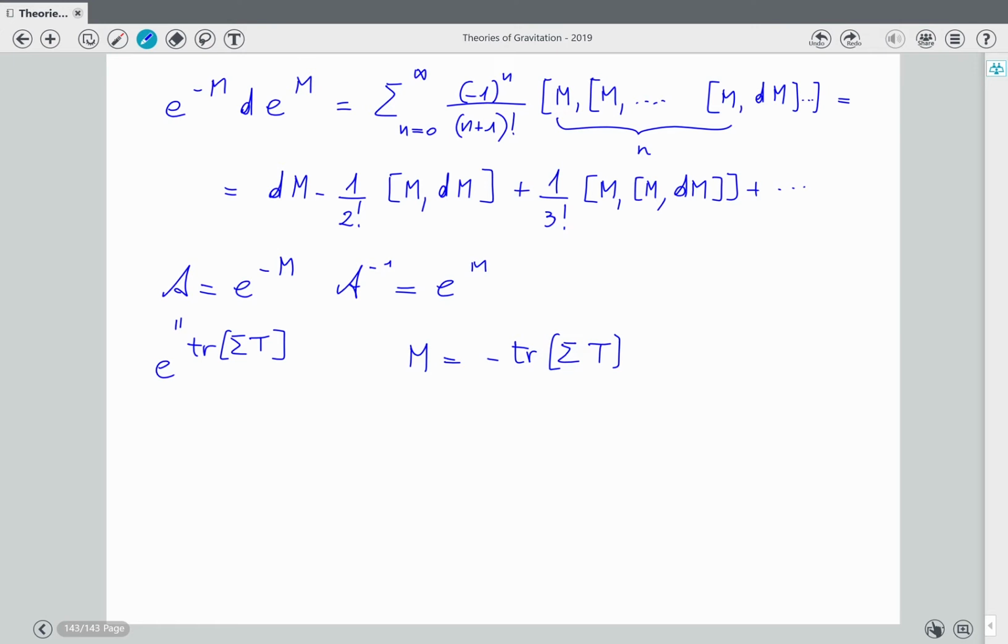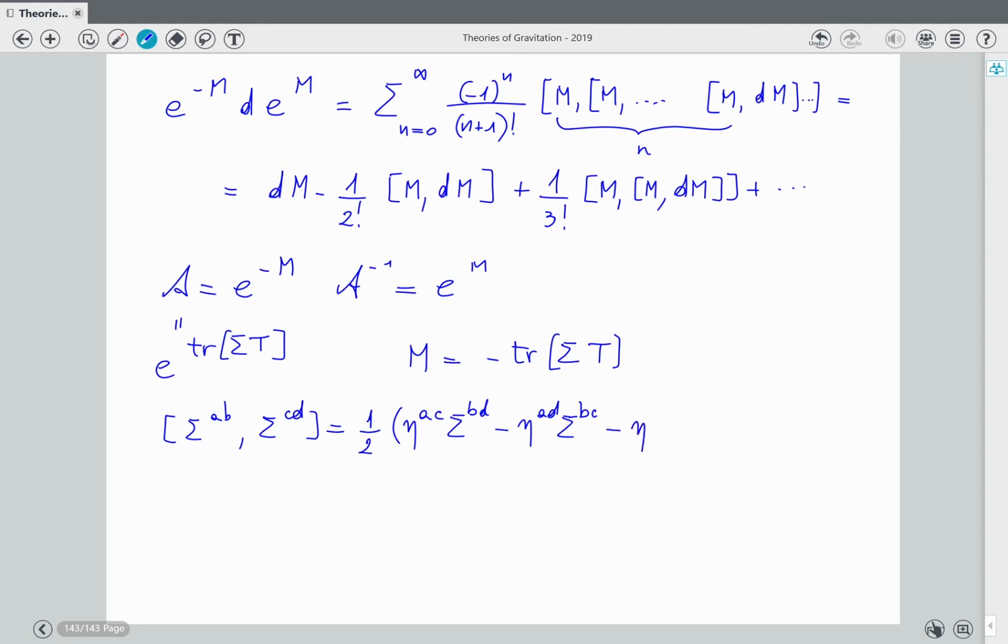Here we can complete this derivation by using the following identity: sigma AB sigma CD is equal to 1/2 eta AC sigma BD minus eta AD sigma BC, and then you have to anti-symmetrize AB and CD, so there are 4 terms.